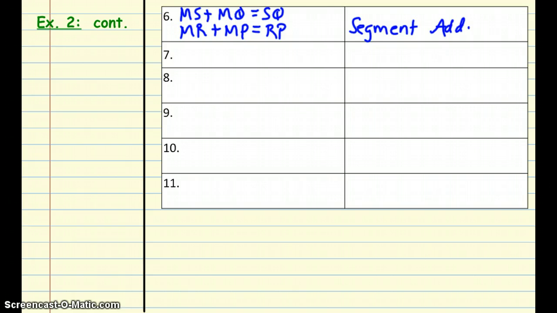And then in 7, we have that SQ is congruent to RP. Again, this is because of the definition of congruence.